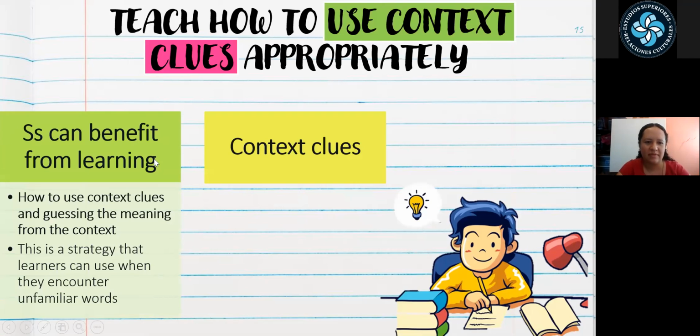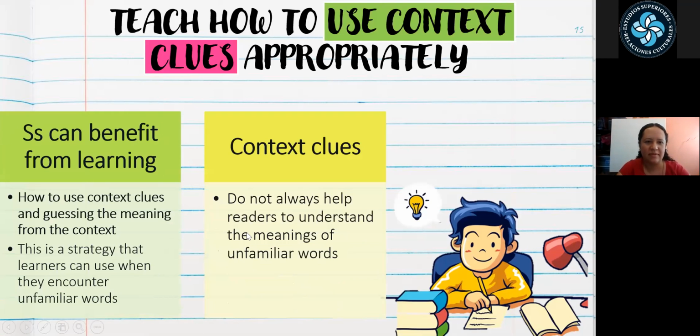And here, context clues do not always help readers understand the meaning of unfamiliar words. So sometimes students are going to struggle when they encounter new difficult words. Maybe at first they will have problems understanding the word or the meaning, right? That's why we need to help them.